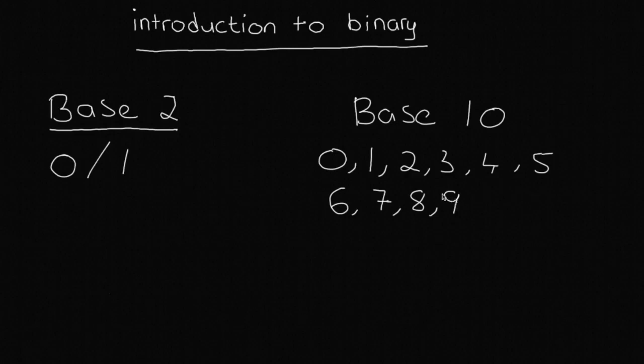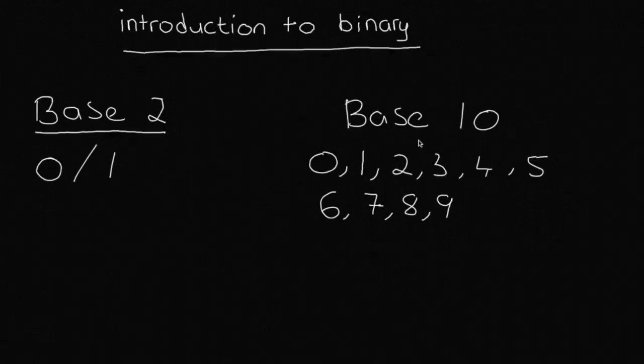So 0 to 9 gives us 10 different possibilities, while base 2 gives us 2 different possibilities. Base 10 is a much better way of representing numbers because you can represent different numbers and different quantities using a smaller amount of space.